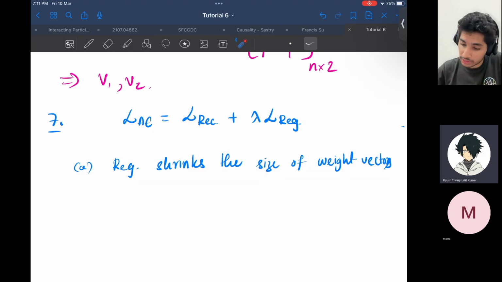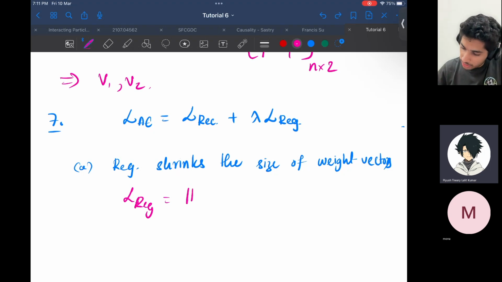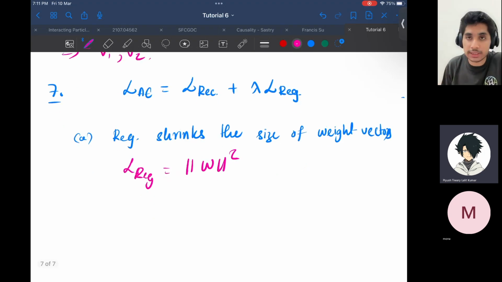Regularization shrinks the size of the weight vector. So if I take LREG mentioned above to be the norm of W whole square, where W is the weight matrix used to calculate the hidden layer representations, then what I'm saying is that whatever representation you learn, I don't care, but the weight vector that I am using should have a small norm, a small length.